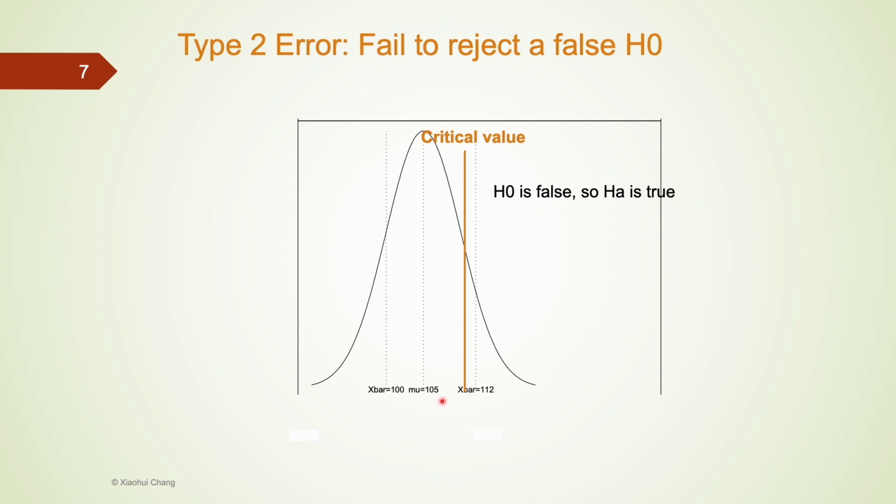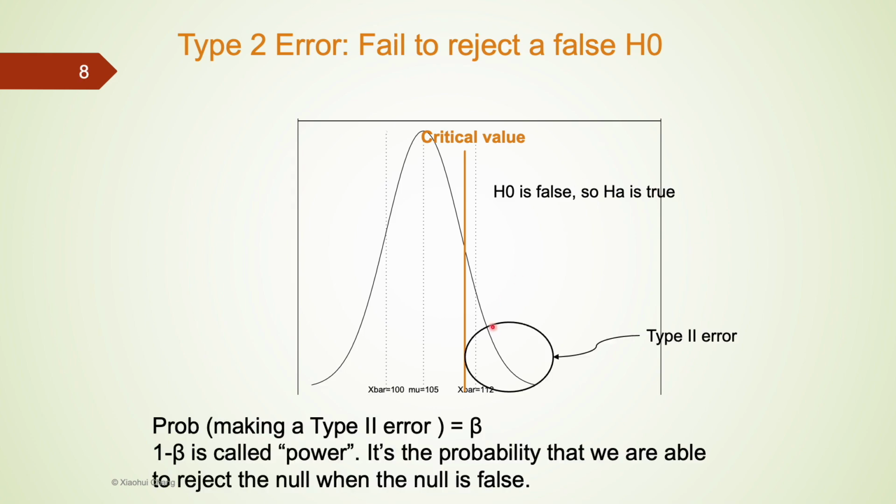If the null is false in reality, we would fail to reject it whenever the test statistic lies on the right side of this critical value. We are making an error, failing to act, that is failing to reject the null when an action or conclusion is called for, because the null hypothesis is false. The probability of type 2 errors is the upper tailed area for this lower tailed test, and is usually called beta.